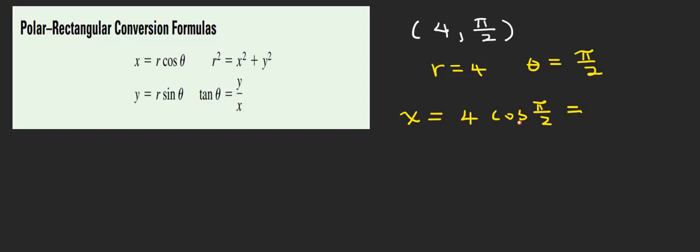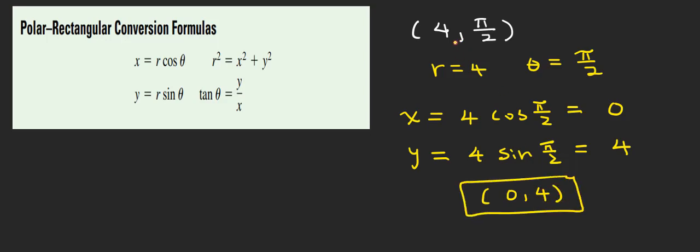What's cosine of pi over 2? That's 0. 0 times 4 is 0. Now y is going to be r times sine theta, so 4 times sine of pi over 2. And you know that sine of pi over 2 is 1, so 1 times 4 is 4. So in rectangular, this will be the same thing as 0 comma 4.